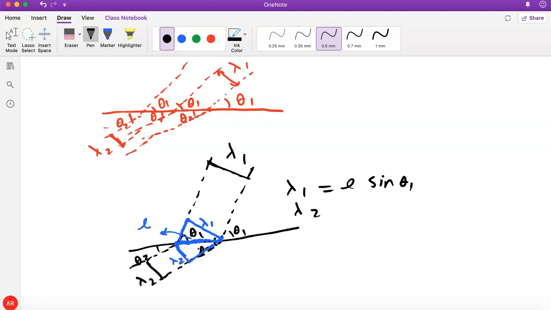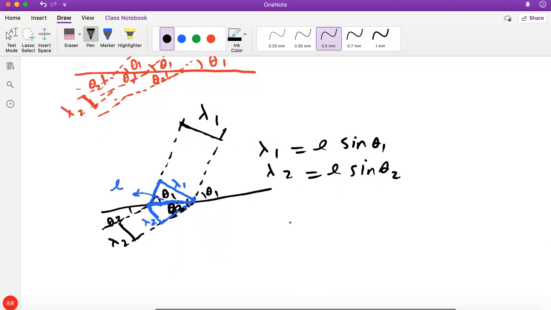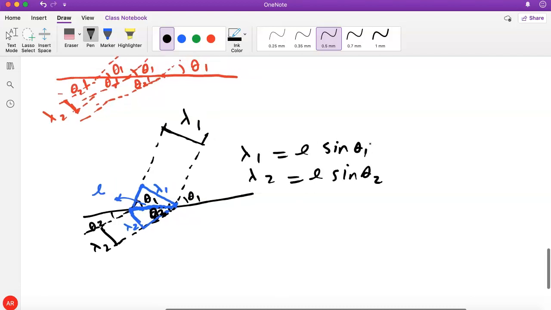Lambda 2 similarly is opposite this angle theta 2, so it's L sine theta 2. We didn't know what the hypotenuse was, but we can eliminate it and get the ratio lambda 1 to lambda 2 to be equal to sine theta 1 over sine theta 2.